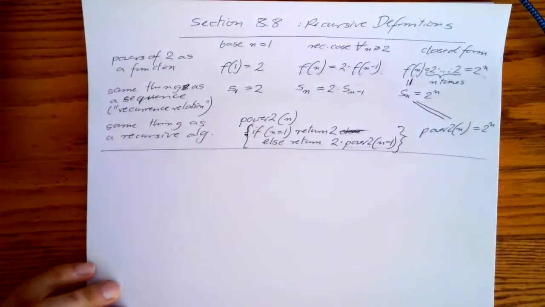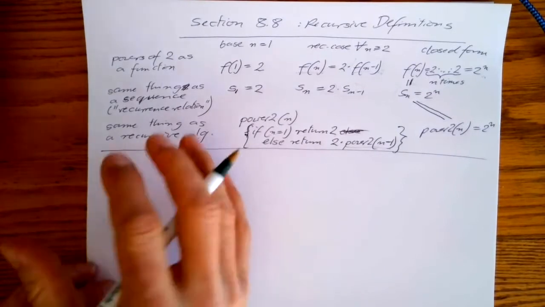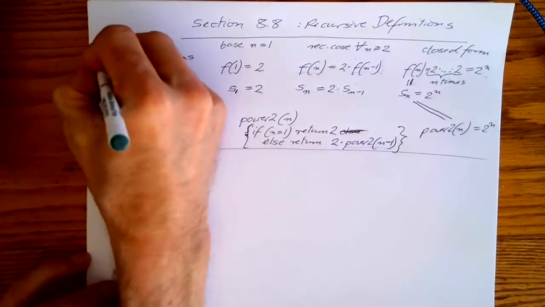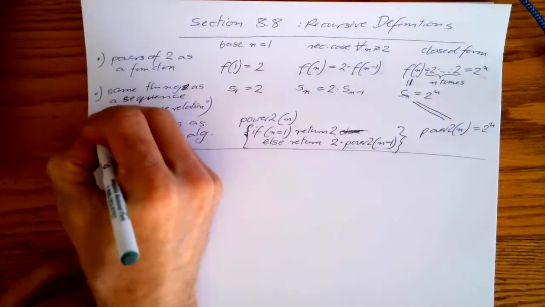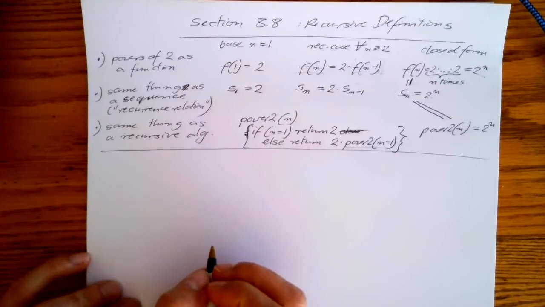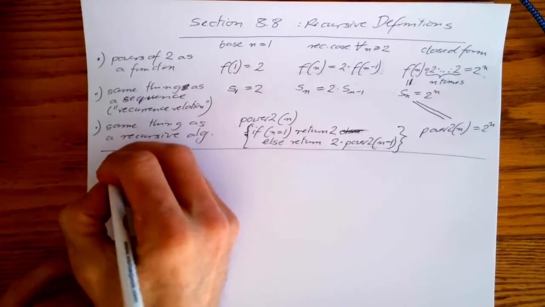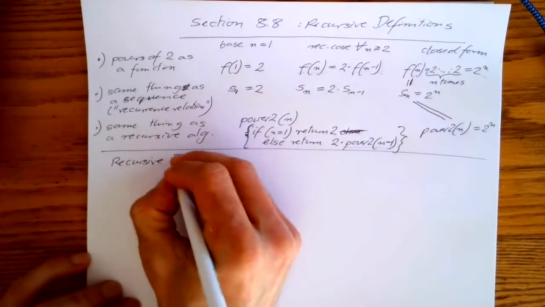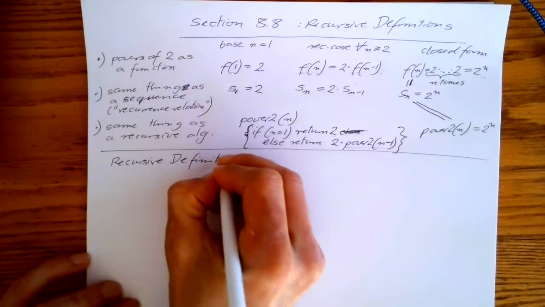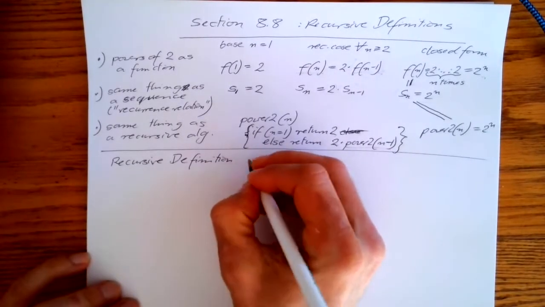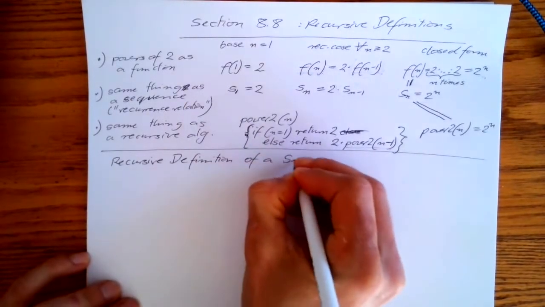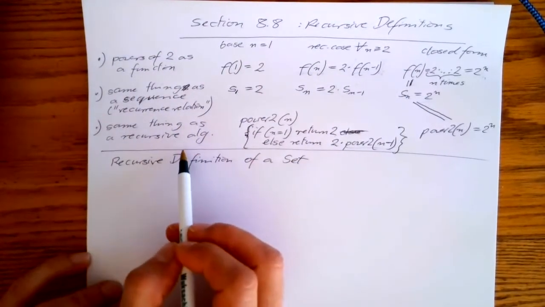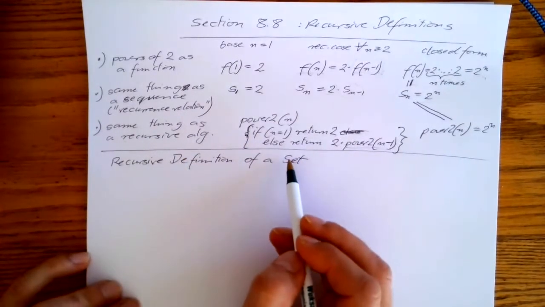Okay. Here is one more type of recursive definition. You've seen basically 3 types, and here is another one. We can also use recursion to define a set, not a function, not a sequence, not an algorithm, a set.